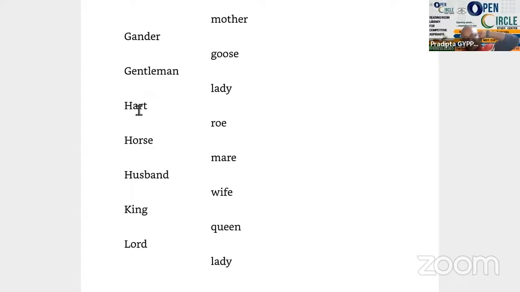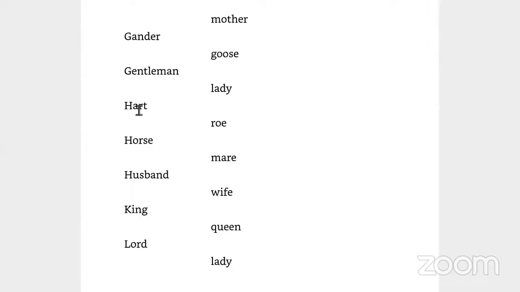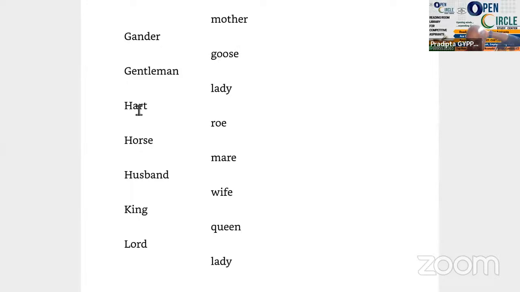G-A-N-D-E-R. Sir, male goose. Correct. Gentleman, lady. Hart, roe is here. It is not H-E-A-R-T. It is H-A-R-T. Who can say what's the meaning of hart? A hart means a red deer.